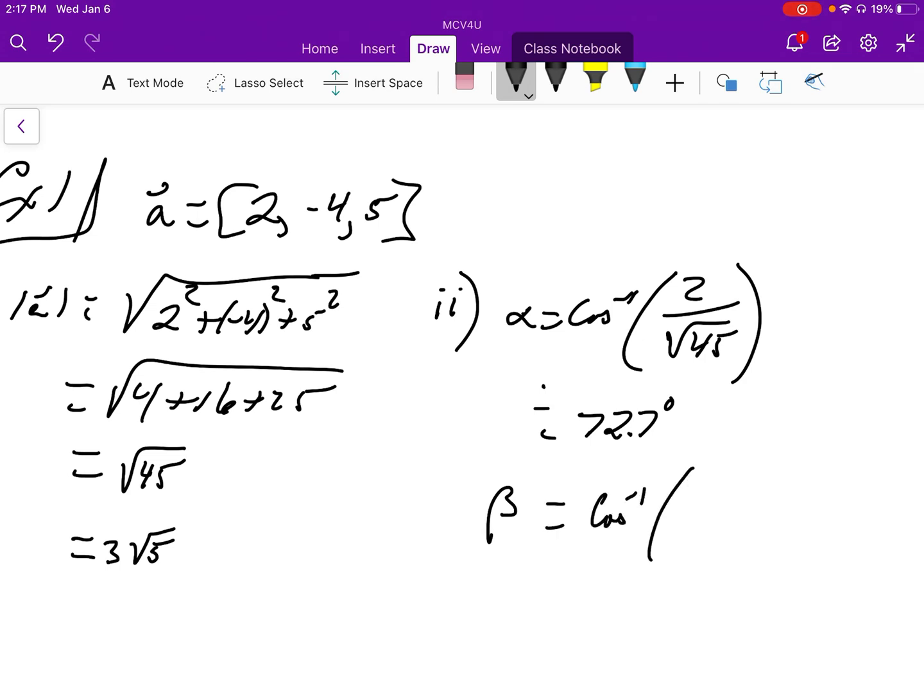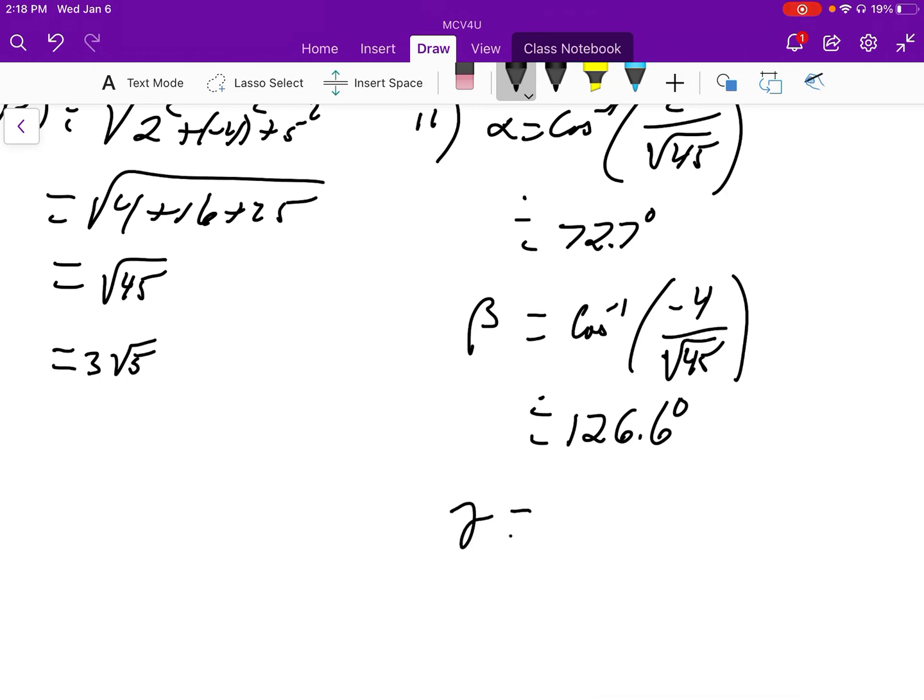Beta: cos inverse, you use the y value, which is negative 4, which means that it's probably going to end up as an obtuse angle. So cos inverse of minus 4 divided by the square root of 45, and there we have approximately 126.6 degrees.